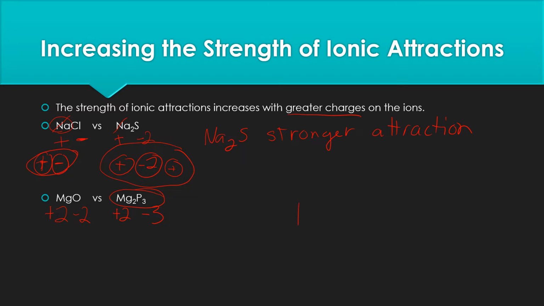So if we think of Coulomb's law, the force equals the charge over distance. So the greater the charge, the greater the force of attraction. All right, so those ions are held stronger, and it's harder to pull them apart.